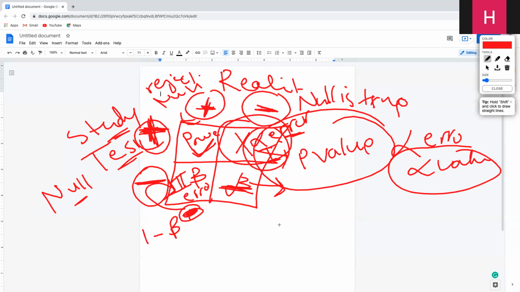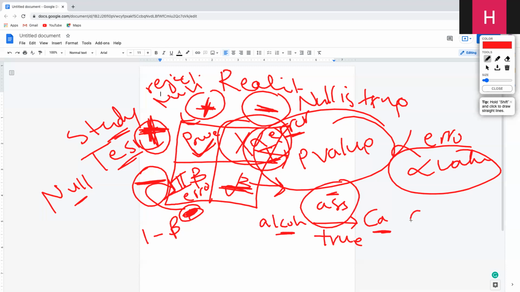You can accept that, saying, for example, alcohol leads to cancer, right? There is an association between these two. If your study proves that alcohol leads to cancer, you can say this is a true association, or you can say this association maybe happened just due to chance.